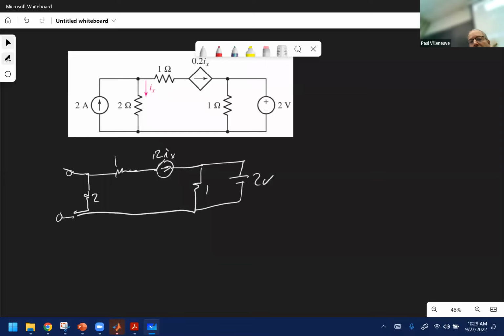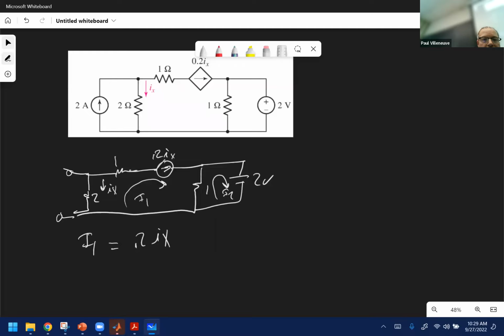Okay. The IX is the current that drives through here. So in this case, what I probably would do is loop equations, I1 and I2, and maybe do it that way. But I'm done at least with I1 because I1 equals 0.2 IX, correct?